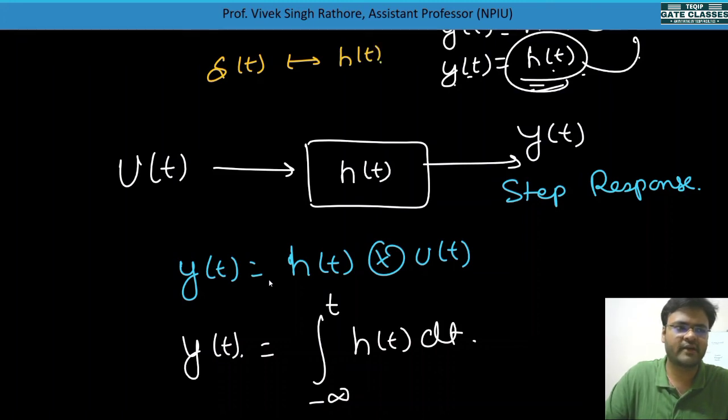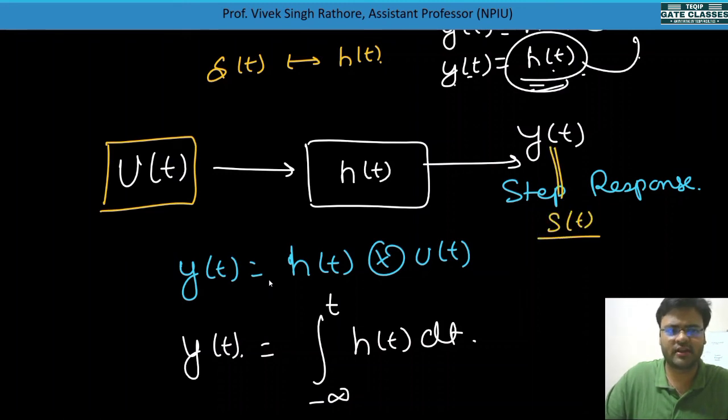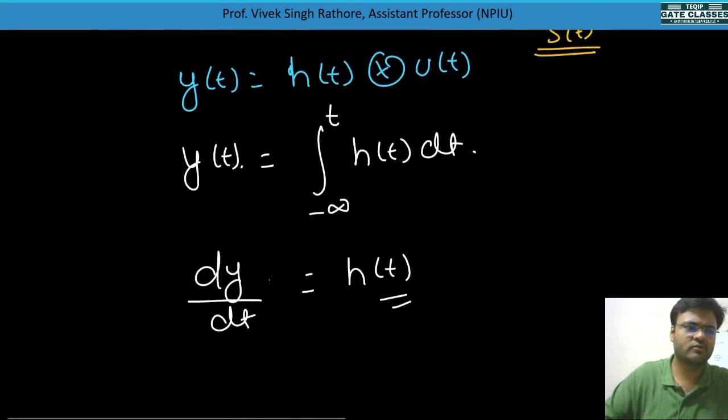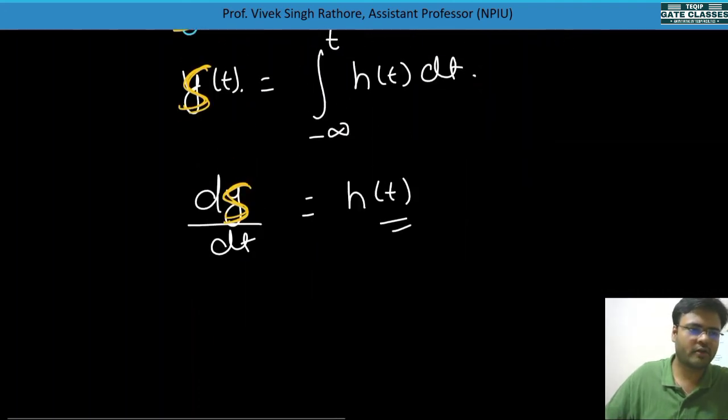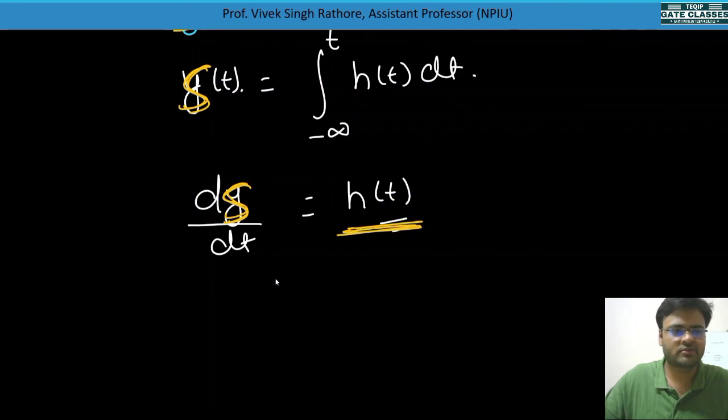Similarly, whenever we are giving input as u of t, we will call y of t as s of t, we will change the name to s of t. So here also we'll write s of t, and ds by dt. What I wanted to tell you is that h of t is the impulse response, that you know.